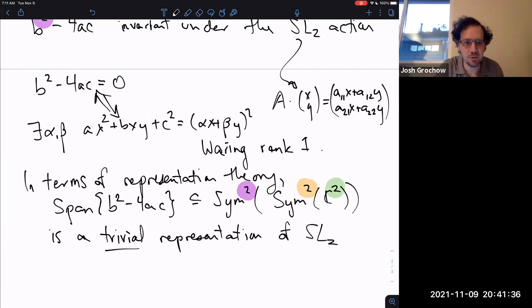Okay, but in general, in GCT, we want to look at other representations in these coordinate rings. And the question is, what do those correspond to? What are those telling us? Okay, and so I want to give you some more examples here.